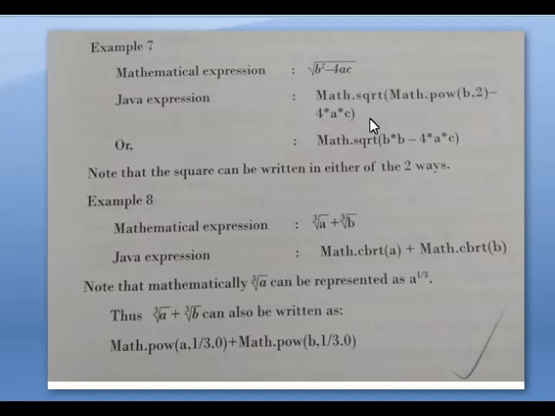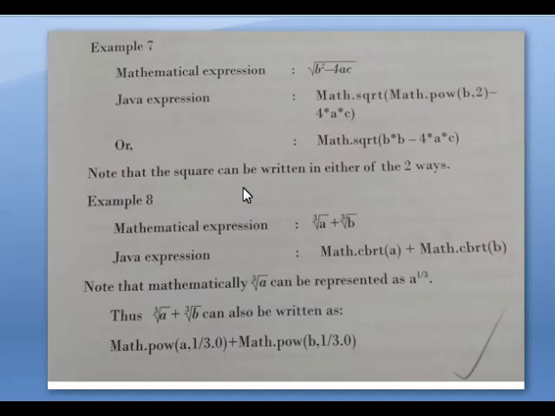So Math dot sqrt is on the outer side, then we go to the inner side, that is b square. So the function is Math dot pow of b comma 2, base comma 2, minus 4 into a into c. Here the power is very small, so we are able to write like this also: Math dot sqrt of b into b minus 4 into a into c. Okay.